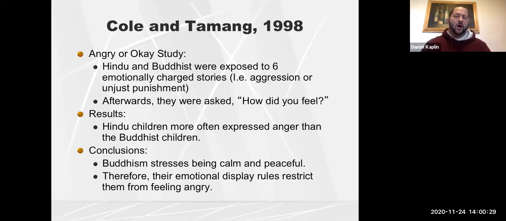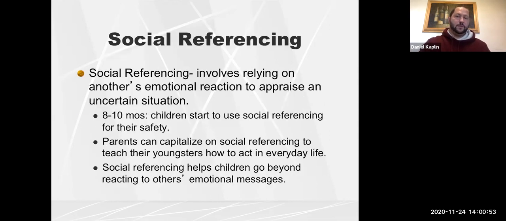And it's because Buddhism stresses the need to be in a calm, serene, or peaceful state. Therefore, they demonstrated self-regulation and exhibited an emotional display rule that their culture valued.